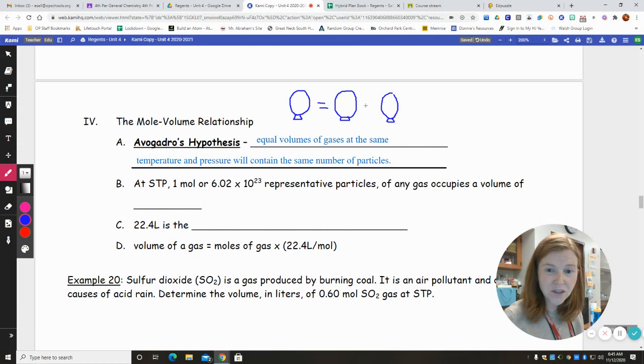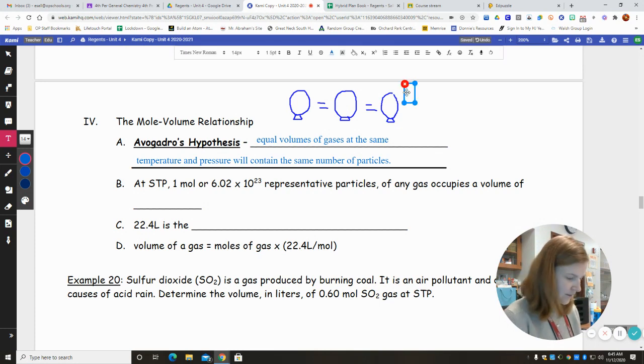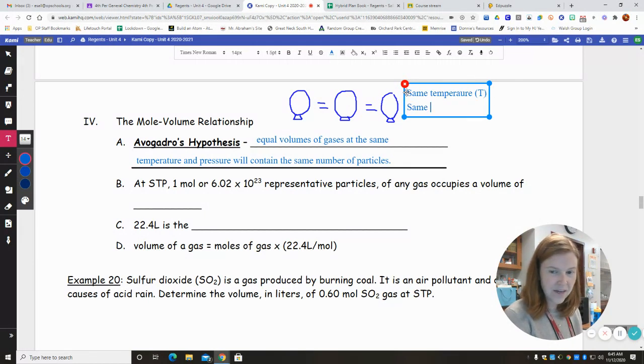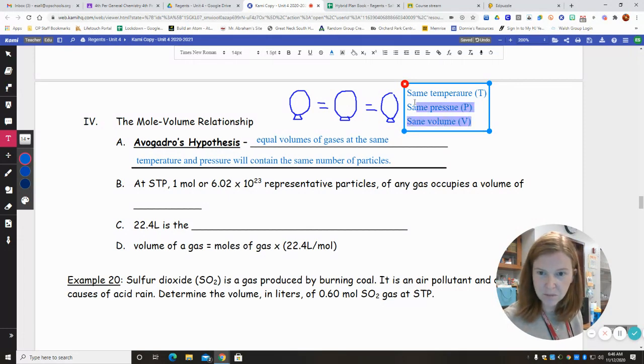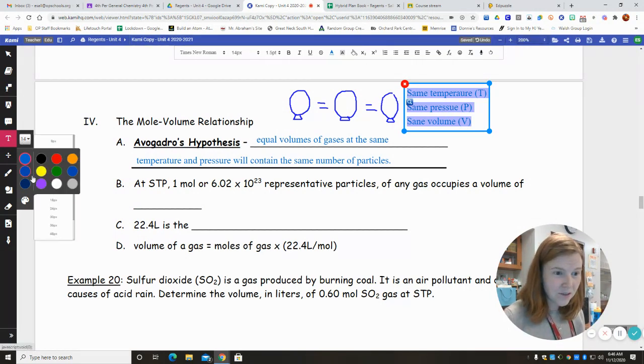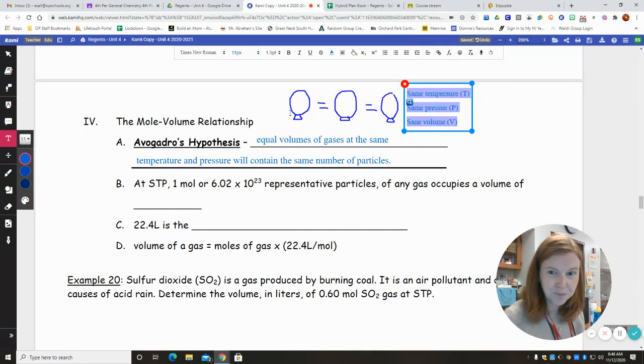Now imagine that these 3 balloons are all at the same temperature, T, the same pressure, P, capital P, there we go, and the same volume. I'm fully well aware that I did not draw them perfectly, so they might look like they are slightly different sizes. They are meant to be the same. So assume that those 3 things are equal.